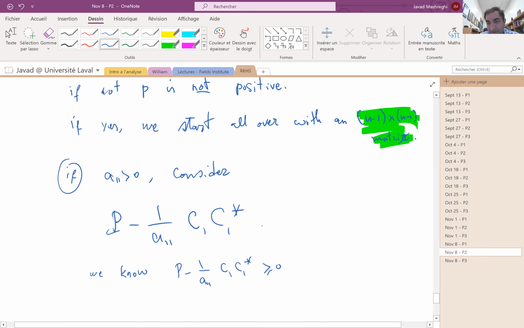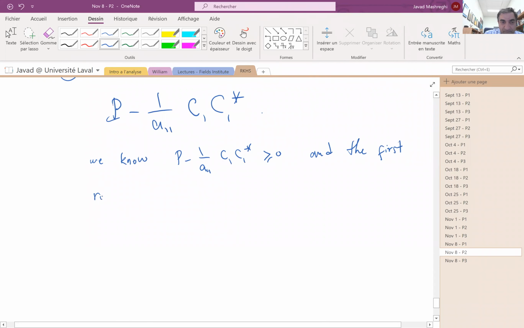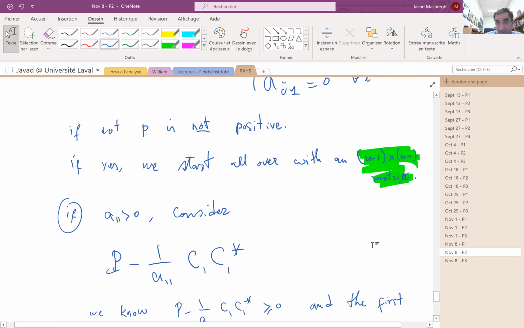And also the first column and the first row are identically equal to 0. So again, we are in this situation.